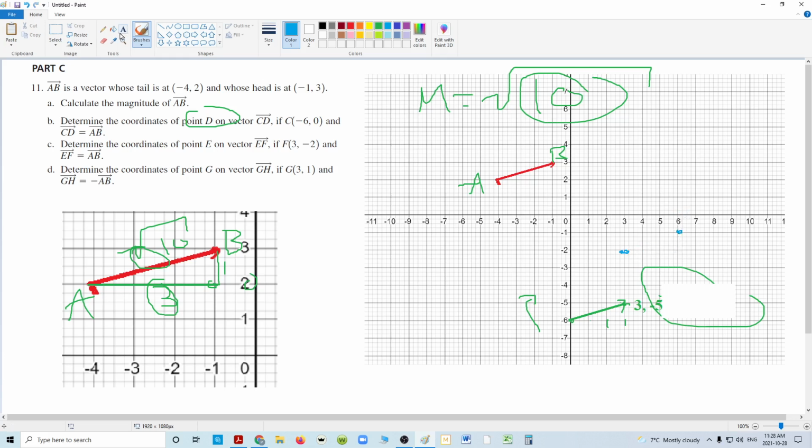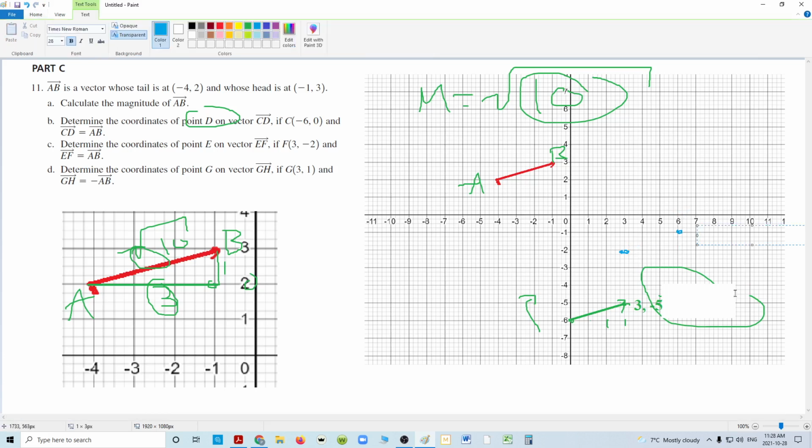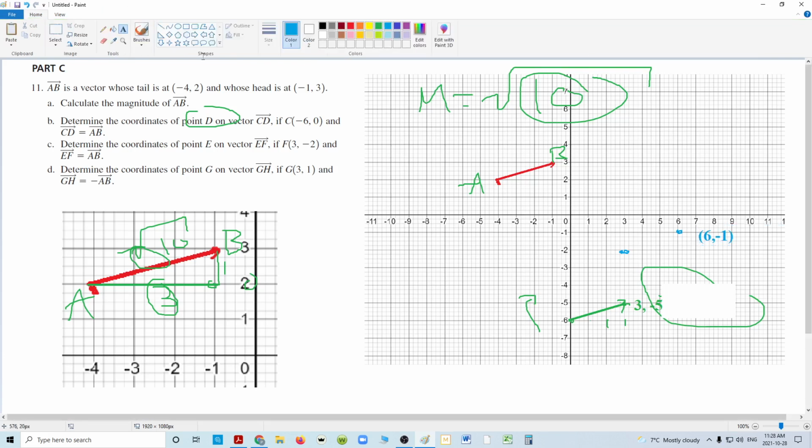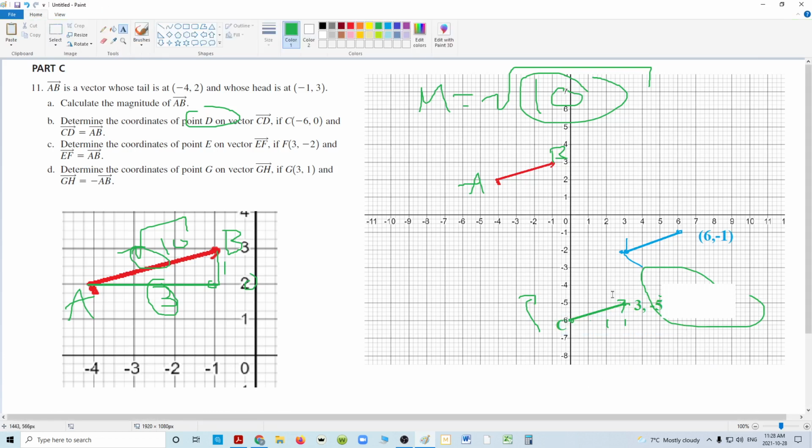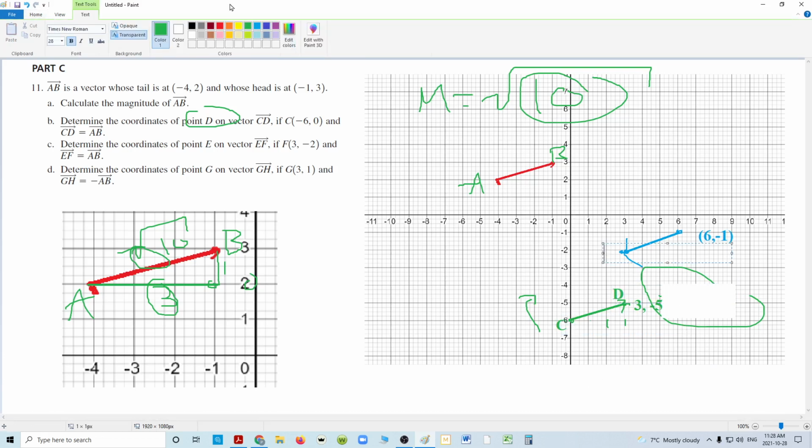So it's going to be at 6 comma -1. Now we draw a line, and now the head is going the opposite way. So be sure to put your arrow that way. And also label it. I forgot to label the other one. The other one is C, D, and this one, the F, is over here.